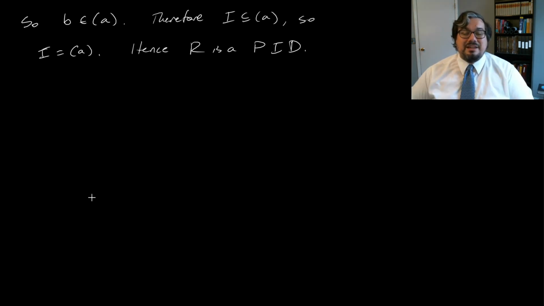So this shows that in any Euclidean domain, any ideal is principal, and you can find a generator of it by taking a non-zero element of I with minimal measure.